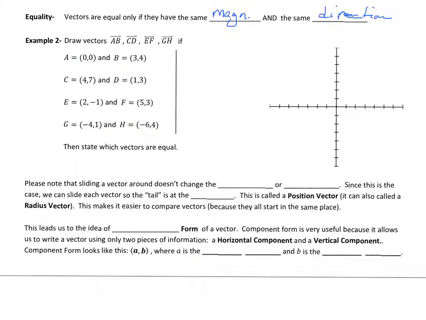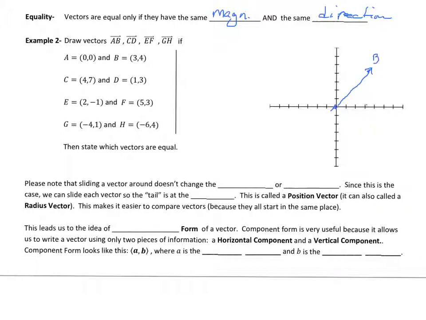Okay, so let's draw each of these vectors here. Okay, and then we want to state which vectors are equal. All right, so AB is 0, 0 to 3, 4. That's the one that we just drew. So there's 4, so roughly right there. Okay, and that's AB.